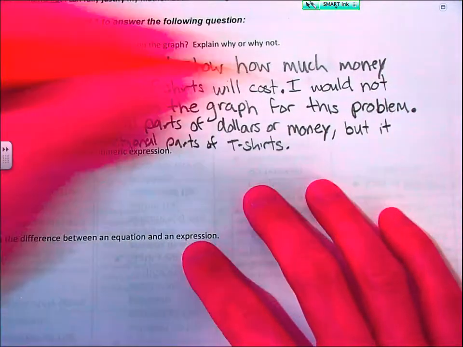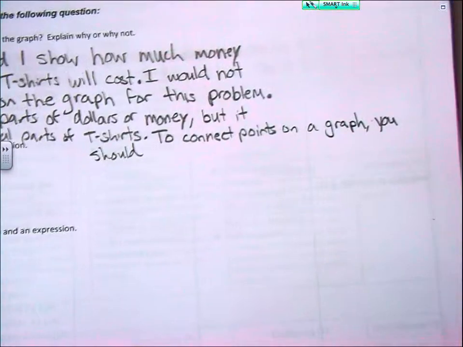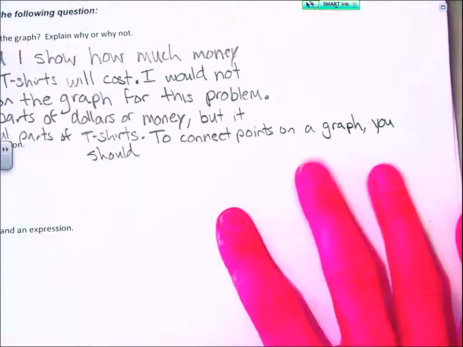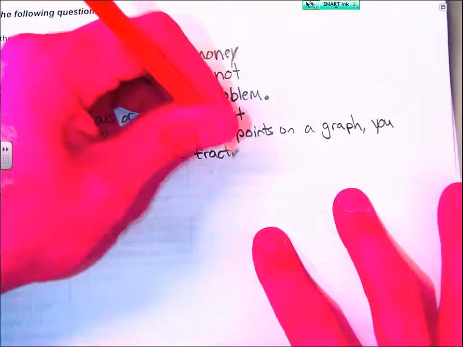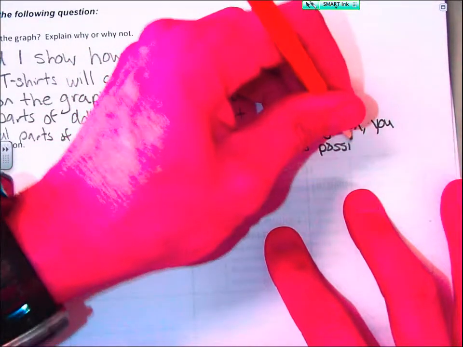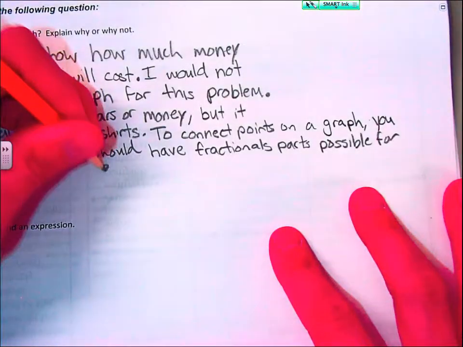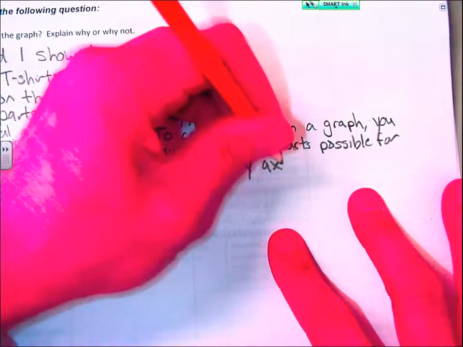To connect points on a graph, you should have fractional parts possible for both the x and y axis.